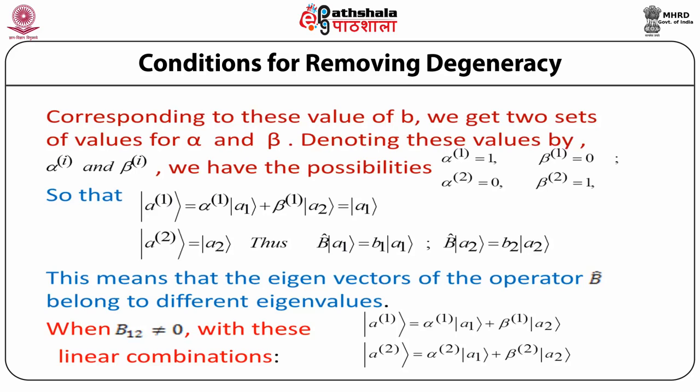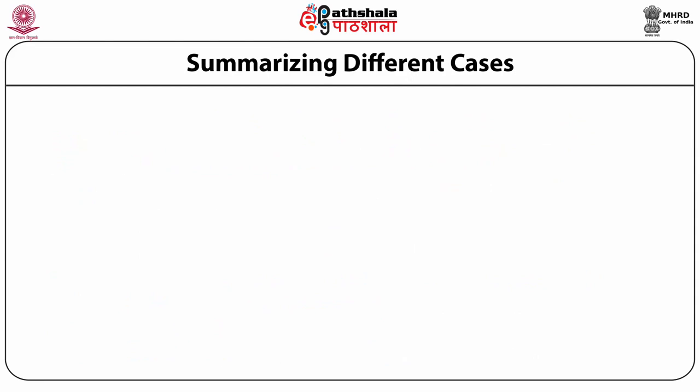When B12 is not equal to 0, then we can use the linear combinations given by ket vector A1 is equal to alpha 1 times ket vector A1 plus beta 1 times ket vector A2, and ket vector A2 is equal to alpha 2 times ket vector A1 plus beta 2 times ket vector A2.